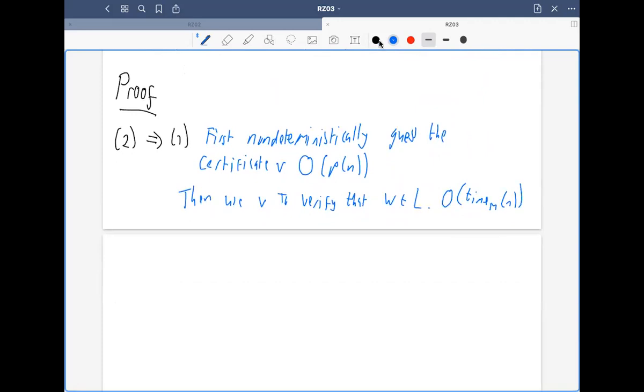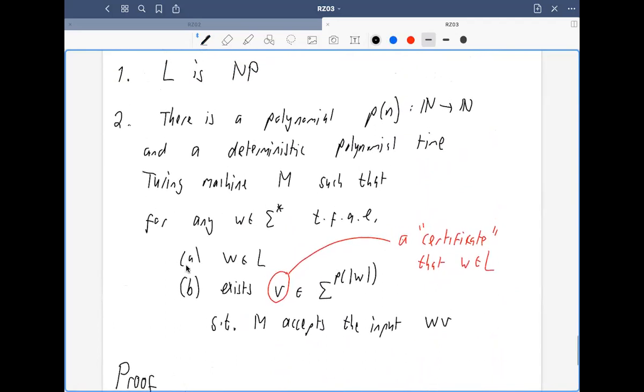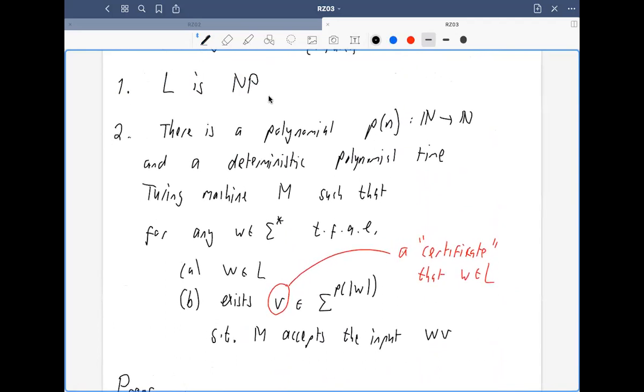And in the other direction, 1 implies 2. The other direction we're looking at: if a problem has a non-deterministic Turing machine that runs it, so if you've got a polynomial Turing machine that recognizes a language L, can we convert that into this witness form?